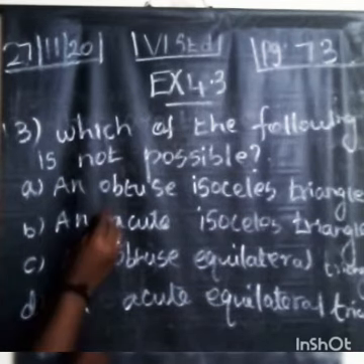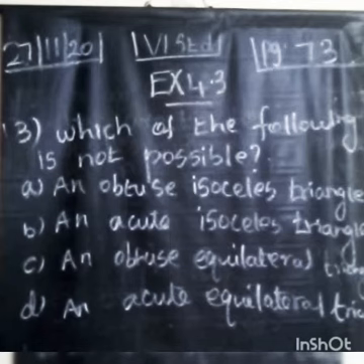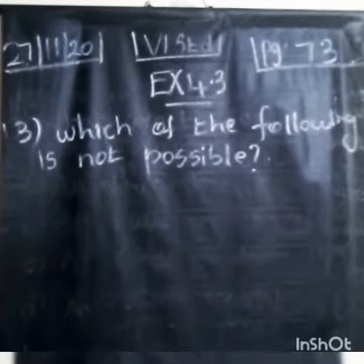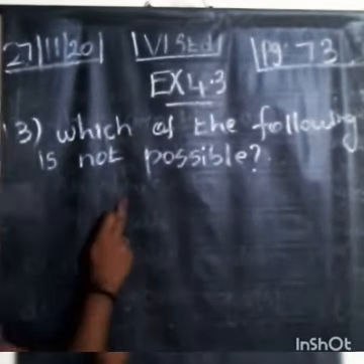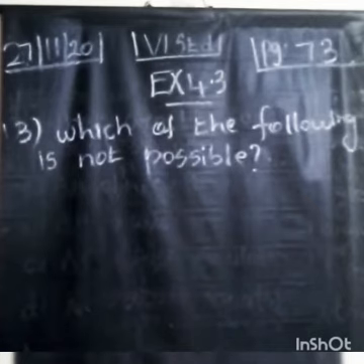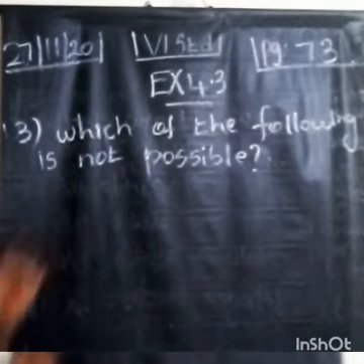Taking option A, an obtuse isosceles triangle.